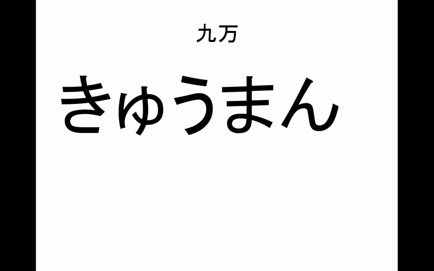So 100 million would be oku. Oku would be here. Okay, so we're not going to learn oku in this class. You don't really ever need oku unless you're buying a house in Japan, or maybe a sports car. But anything that you actually would need to buy in Japan, realistically speaking, you can handle just going as far as the man series, things that use man.